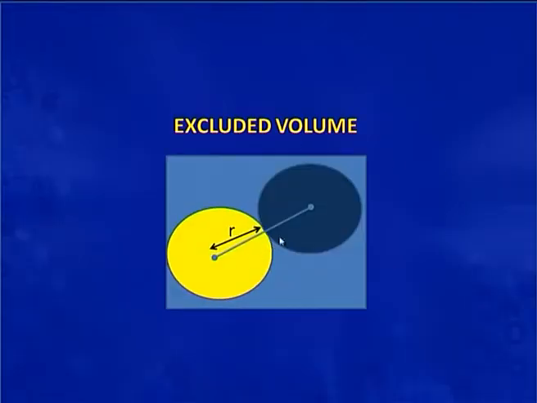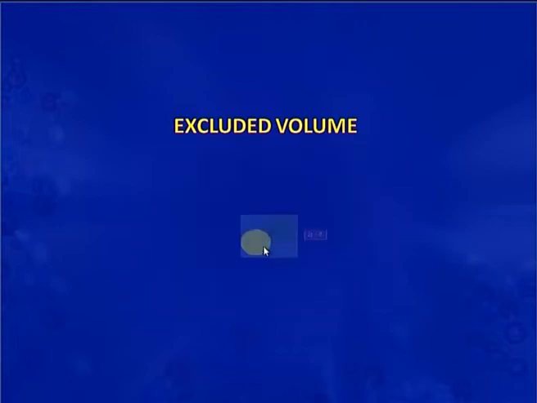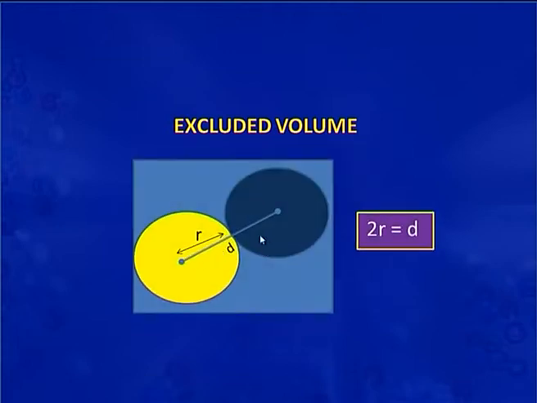Consider two molecules represented by incompressible spheres of radius r each, undergoing bimolecular collisions. Let the collision diameter of the gas molecules be represented by d, which is equal to 2r.